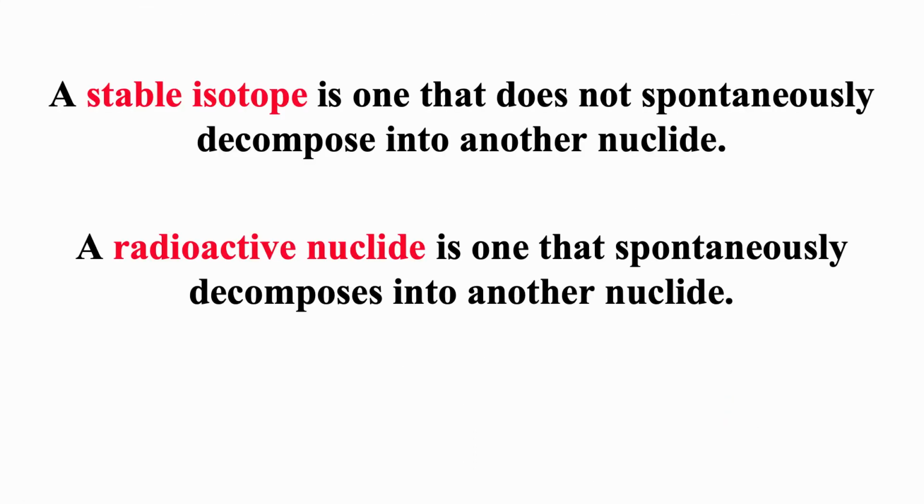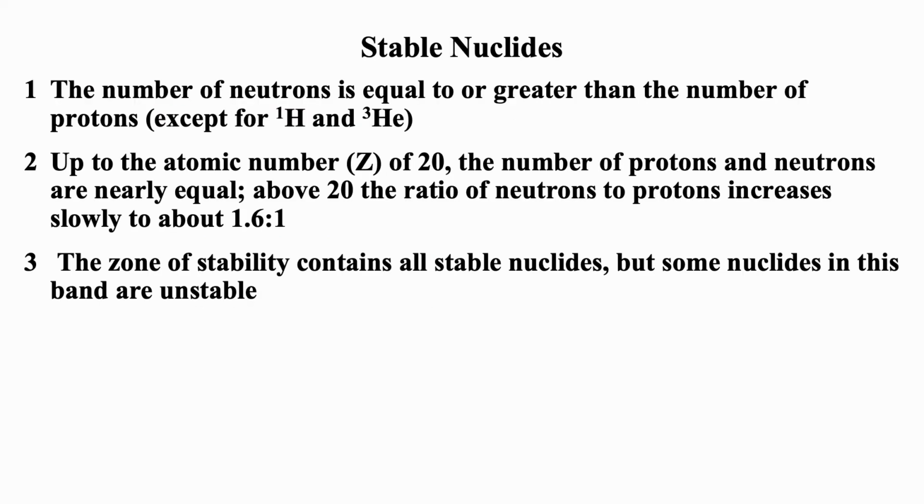And so a stable isotope is one that does not spontaneously decompose into another isotope, and I'll use isotope and nuclide interchangeably. A radioactive isotope is one that does spontaneously decompose because it is not stable. Now, we can actually use 6 points, or rules of thumb, to describe stable isotopes.